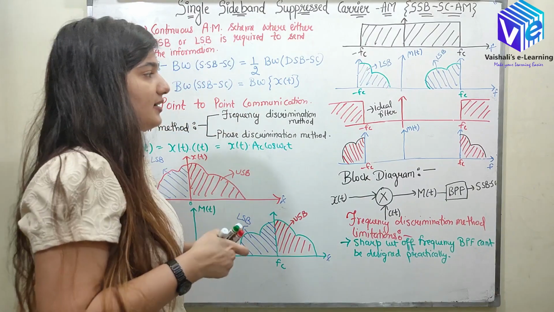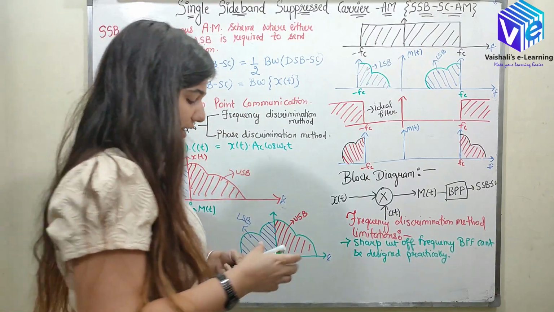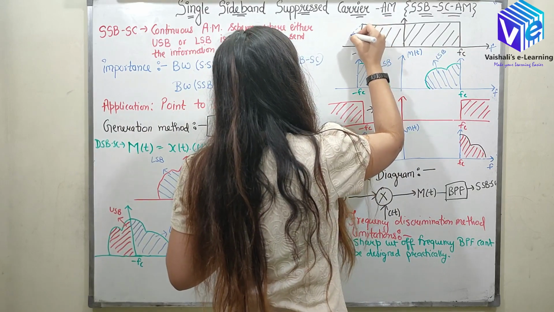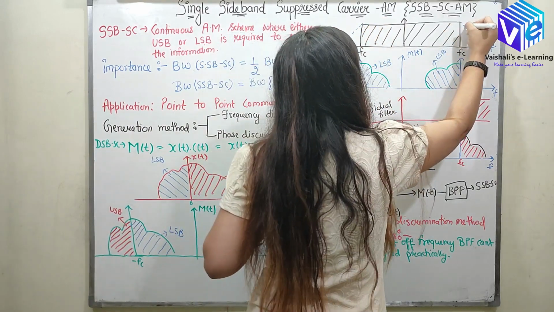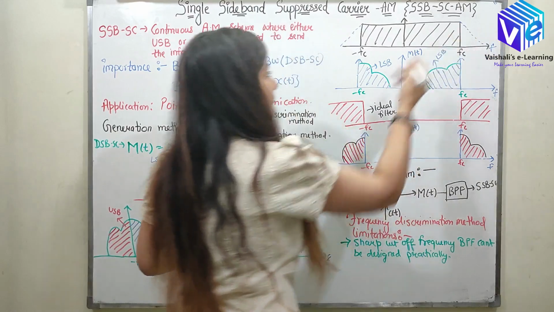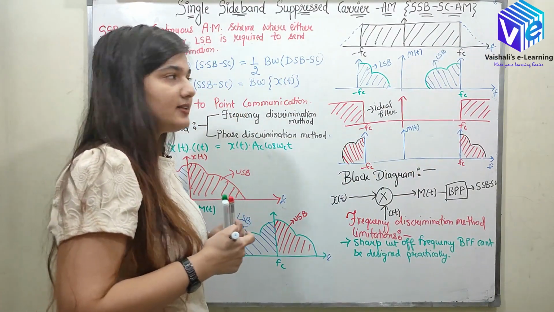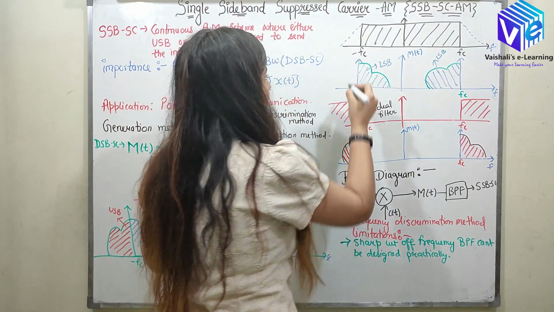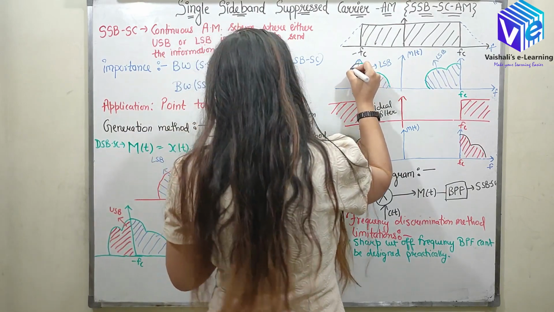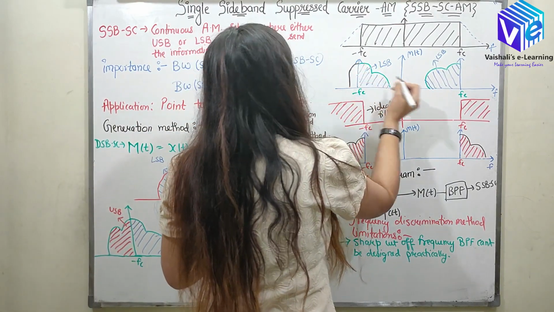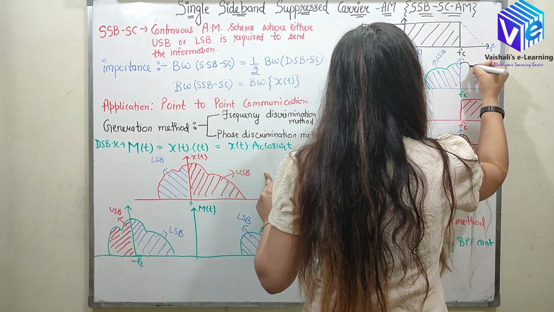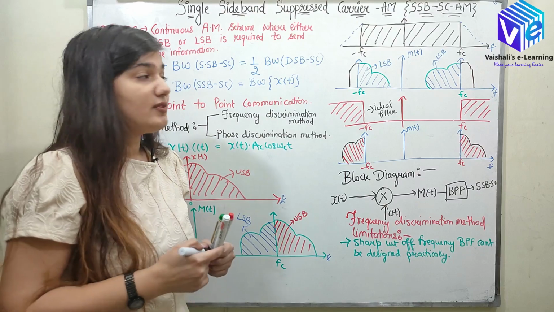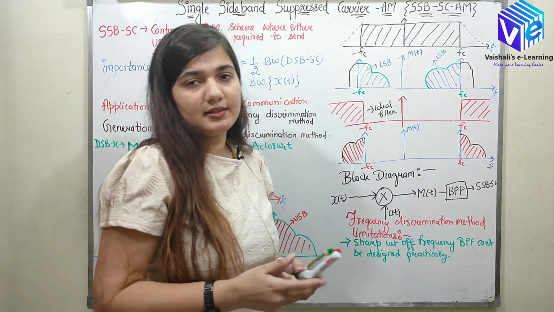Now let's take the case when the filter is not ideal. So if I suppose this filter was like this, and here also the cutoff frequency was changing like this, so it is a practical kind of filter. So now here some portion of upper sideband and here also some portion of upper sideband would be transmitted, which causes the error in the signal.